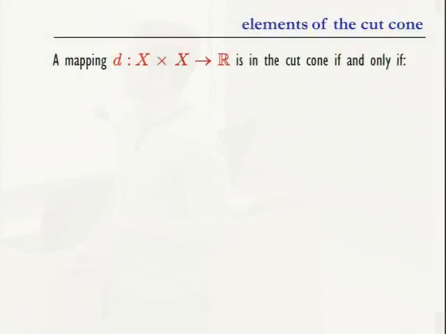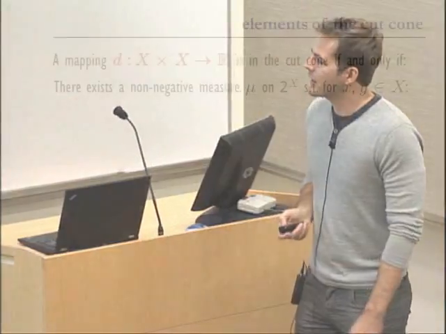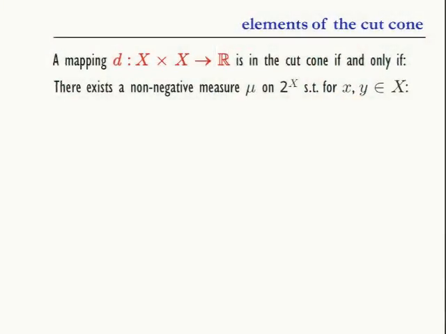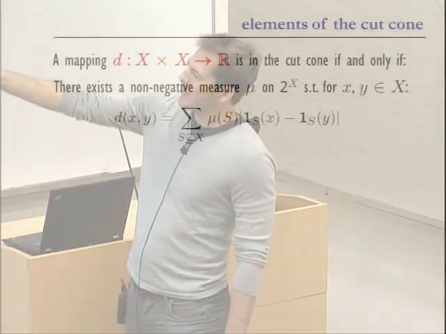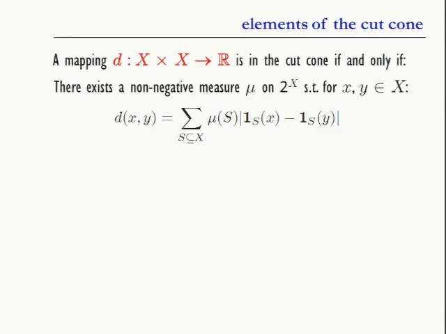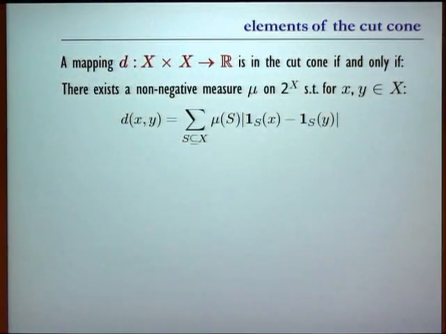Let me give a slightly different way of saying that. A mapping d from pairs in X to real numbers is in the cut cone if and only if there exists some measure on subsets of X such that the distance between x and y is exactly this non-negative combination here. I'm thinking about this as a distance because eventually it's going to be one. I just said what it means to be in a cone.